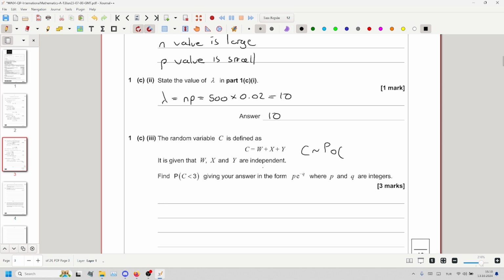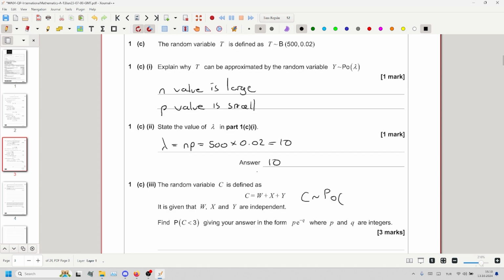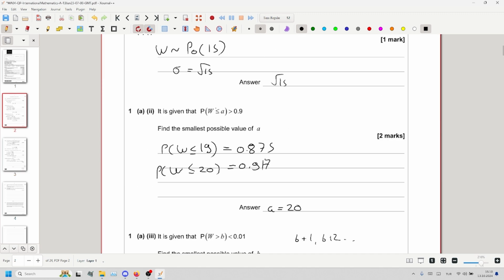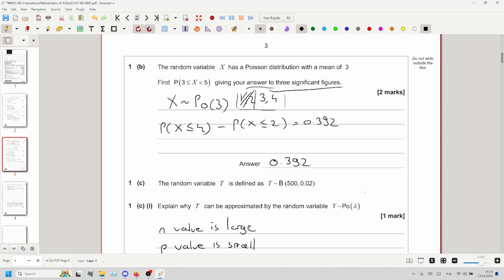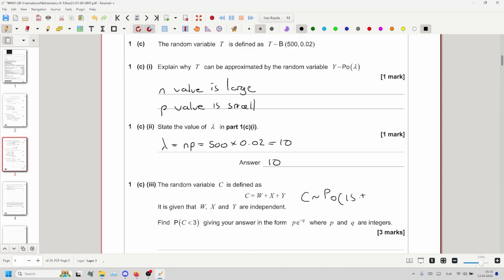So its mean value is going to be the sum of all the mean values. W's mean value was 15, X's mean value was 3, and Y's mean value is 10. So that's going to be Poisson of 28.